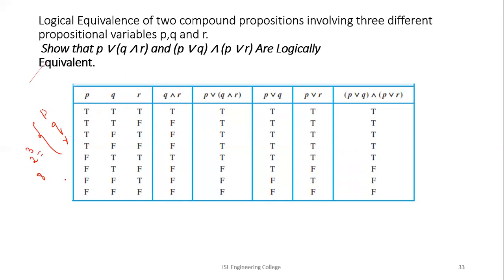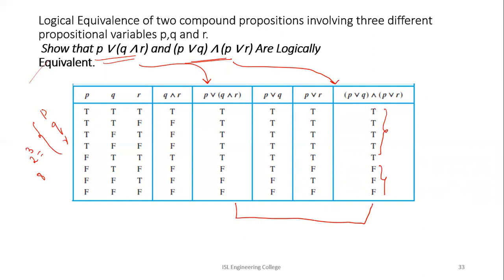The logical equivalence for these two compound propositions is shown. This I'll explain further, but you can just look at the truth table. So for P or Q and R, this is the column, and this one is the column. Look at the truth values. The first 5 are true and the next 3 are false. Here we have it the same way, so we have to compare these two columns.